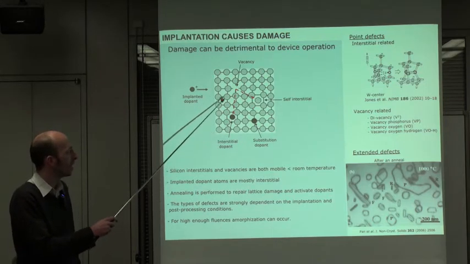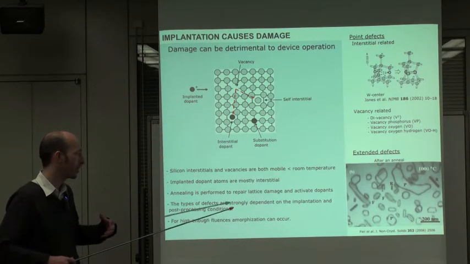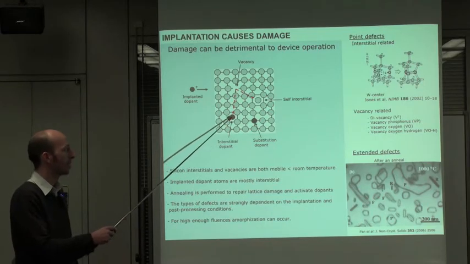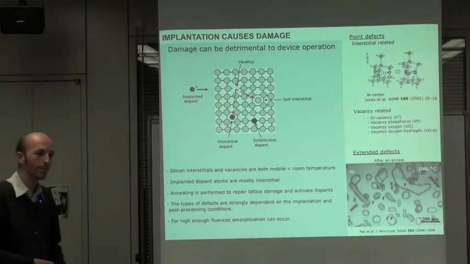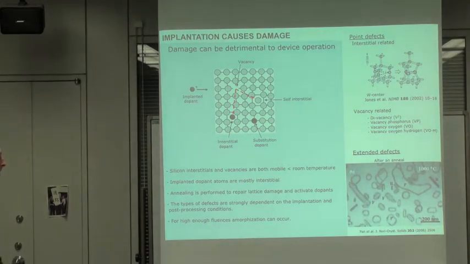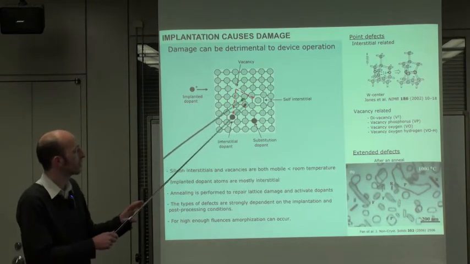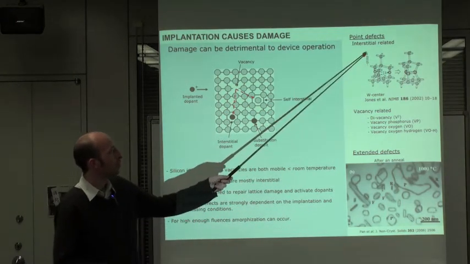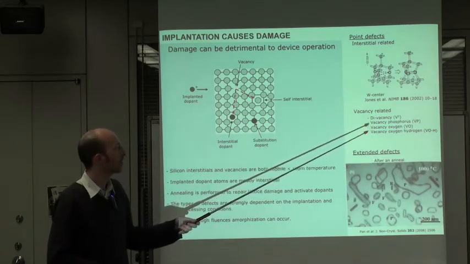After implantation of a dopant, we usually do an anneal to activate the dopant, which means put it onto a substitutional lattice site. The types of defects that we try and anneal out might be these point type defects.